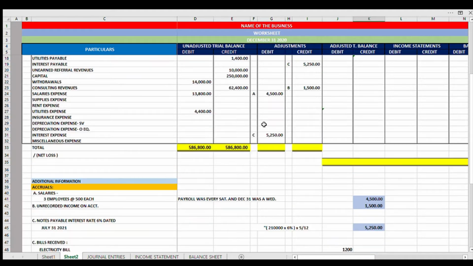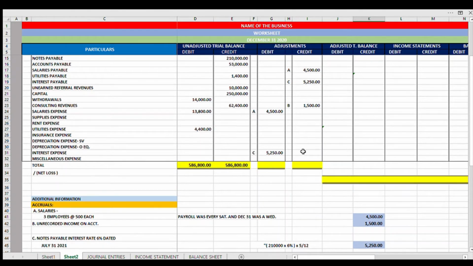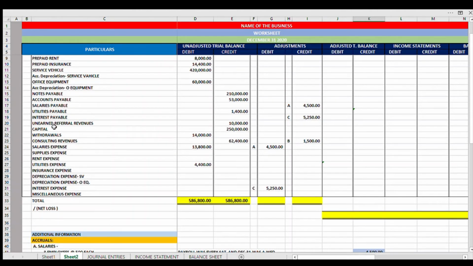So, ito ang ating magiging entry. It will fall under utilities expense, yan ang magiging title niyan. Okay? Utilities payable. So, this is utilities payable.